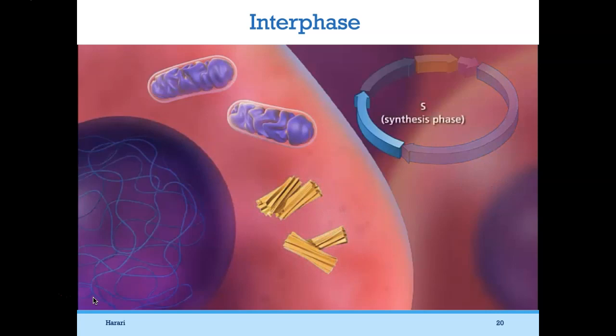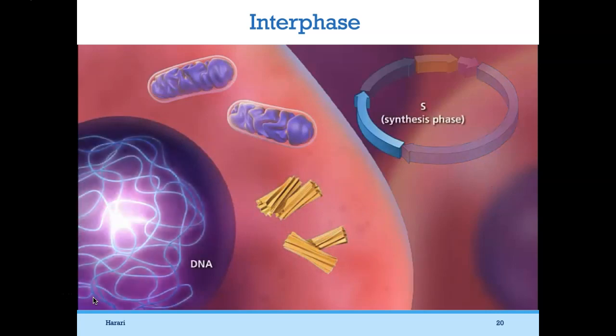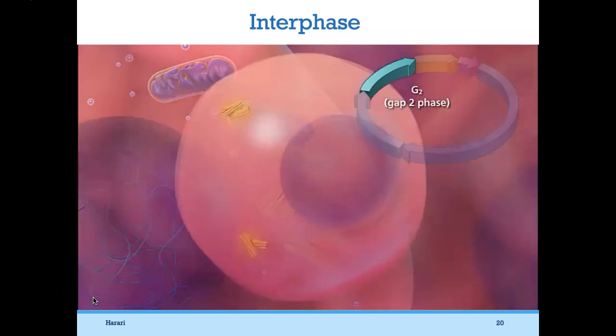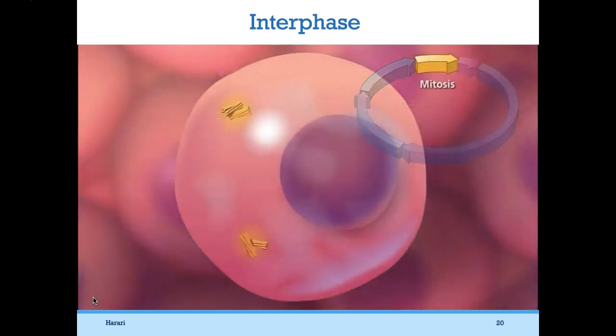Then during S, or synthesis phase, the DNA replicates. Finally, during G2, or gap 2 phase, all the enzymes needed to aid in the process of cell division are produced. Most eukaryotic cells spend a great deal of time in interphase, and a very short period of time actually dividing, a process called mitosis.